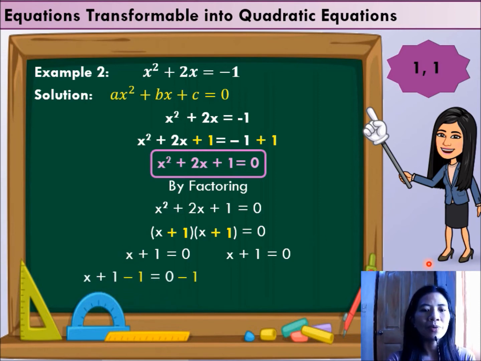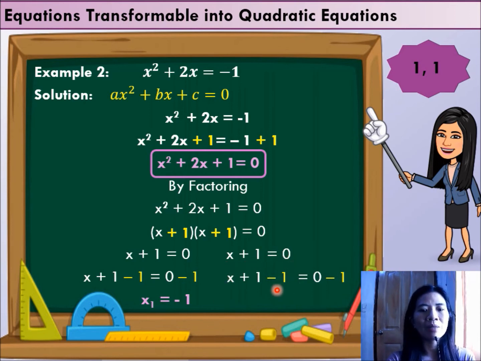Now, we will solve the first equation. To isolate x, we will get the additive inverse of positive 1, which is negative 1. So we will add both sides with negative 1, so we can solve for x sub 1 equals negative 1 by simplifying it. Okay, another one is x plus 1 equals 0.